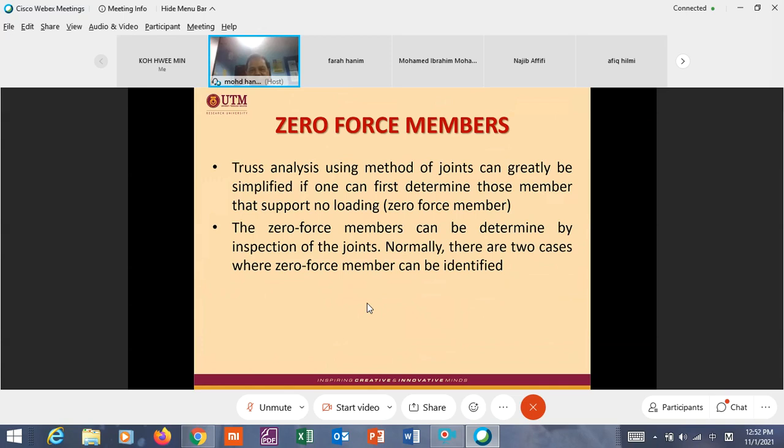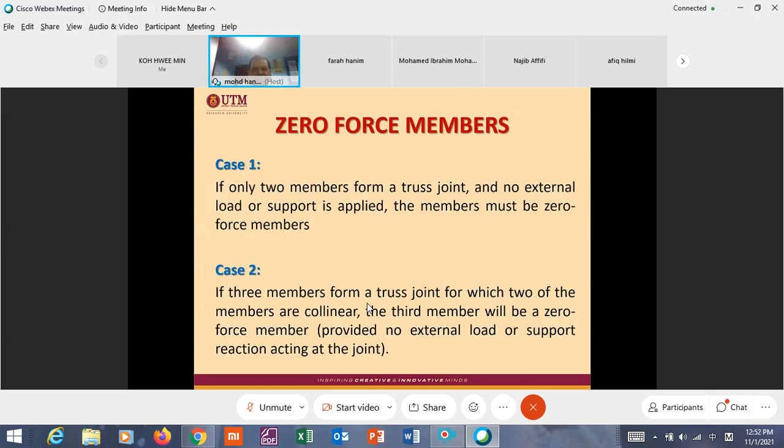Any question? Okay. So even though the question does not mention you need to start with the zero force member, you must do it to save time. Okay, so what is zero force member? Here, case 1.